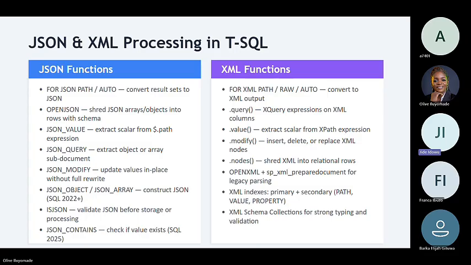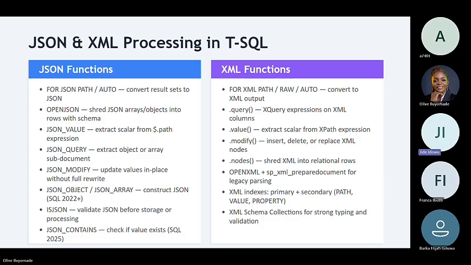For instance, email, because there is to, from, subject, body. So it's a kind of semi-structure. Anyway, JSON and XML processing let you work with semi-structured data directly in T-SQL. So for the JSON part, convert result set to JSON.